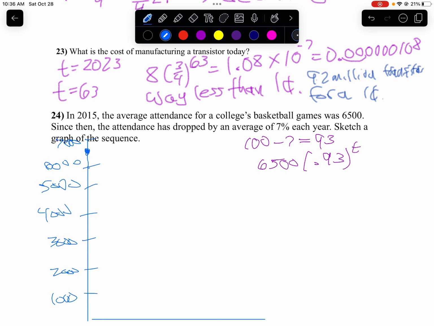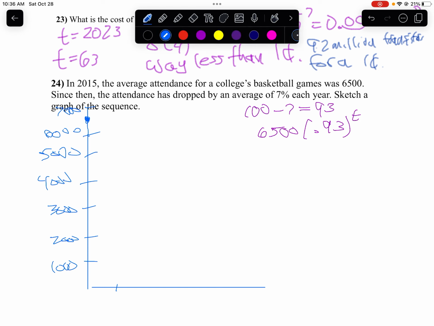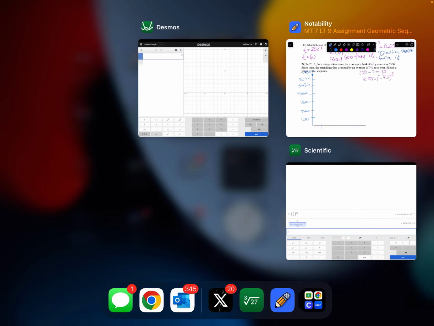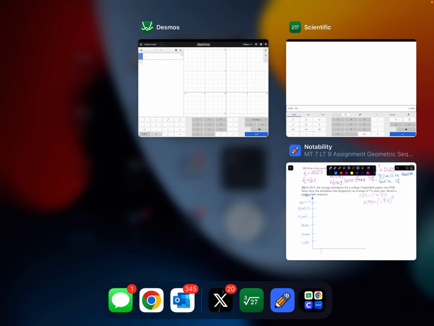So let's estimate where is it going to be after 1 year. So I take 6,500 times 0.93. So let's go ahead and do that. So after 1 year, we're going to be at 6,045.